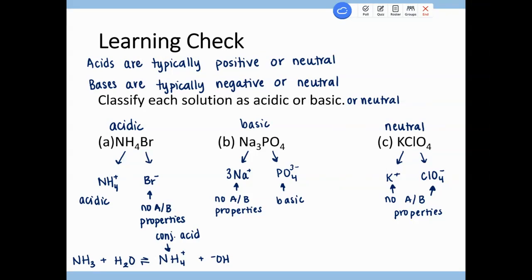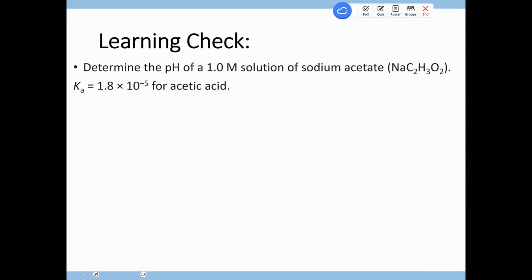Okay, so you may approach a problem like what's on the next slide, where it says this salt is added to solution, sodium acetate. Sodium with a +1 charge, and then acetate -1 charge.